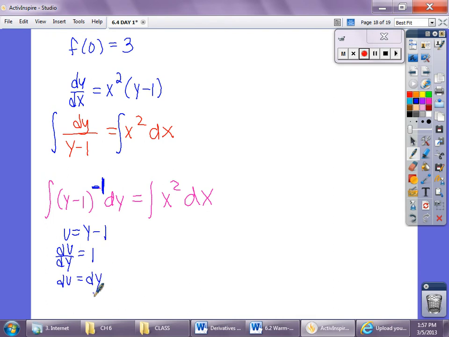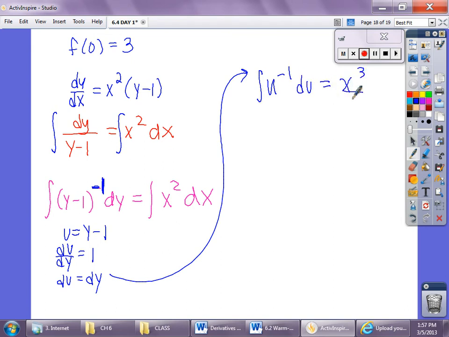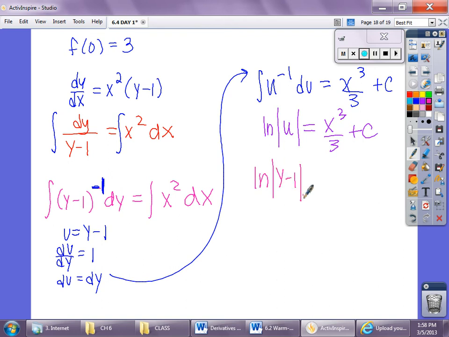And so I end up with the integral of u to the negative 1, dy is the same as du, is equal to x cubed over 3 plus c. The left side would be ln of u equals x cubed over 3 plus c. And then, in this case, ln of the absolute value of y minus 1.